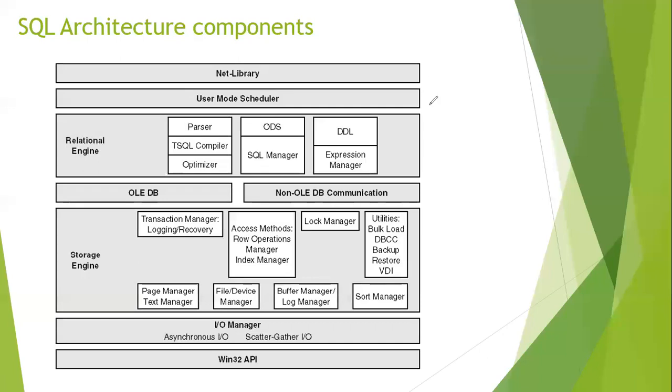So we will execute the queries through the net libraries. Whenever we execute a query, where or how will the query be executed? We have to have a CPU to execute the query.